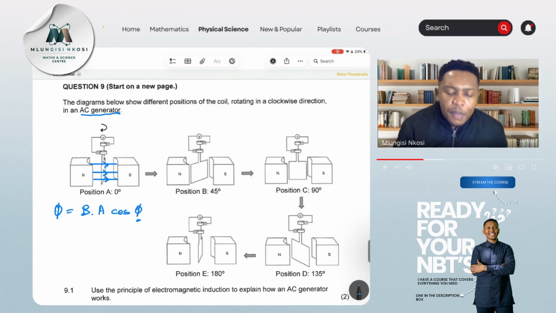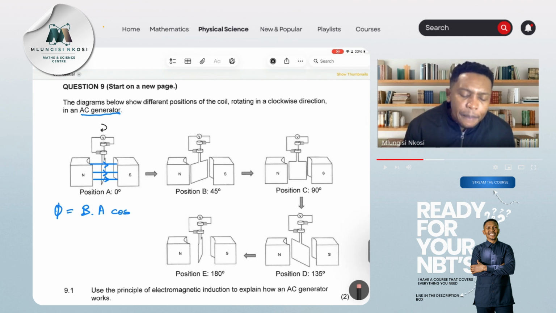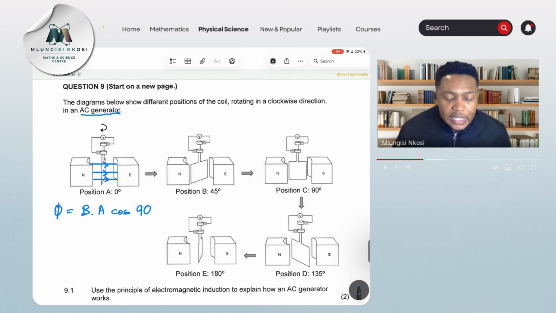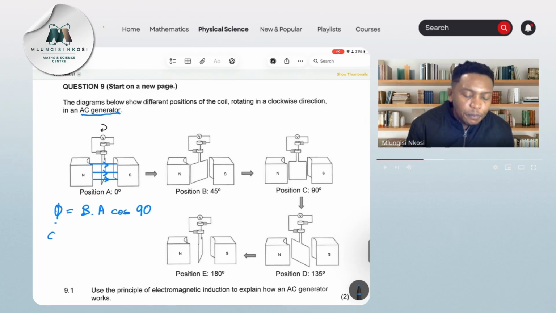I want you to always think about this. When is cos of an angle equal to 0? Cos of 90 degrees would be 0. So for you to have maximum magnetic flux, the angle must be 0 degrees. Now, EMF is minus N multiplied by the change in magnetic flux divided by change in time.